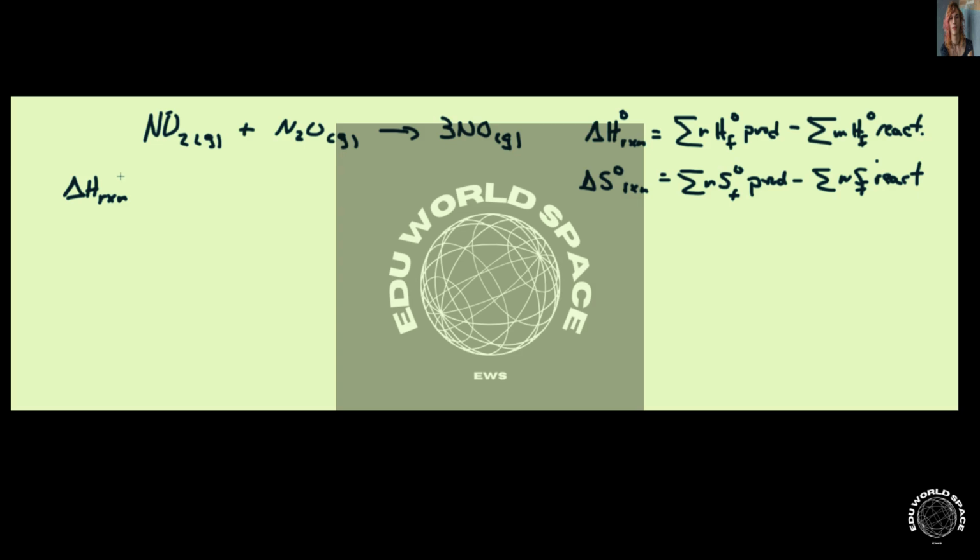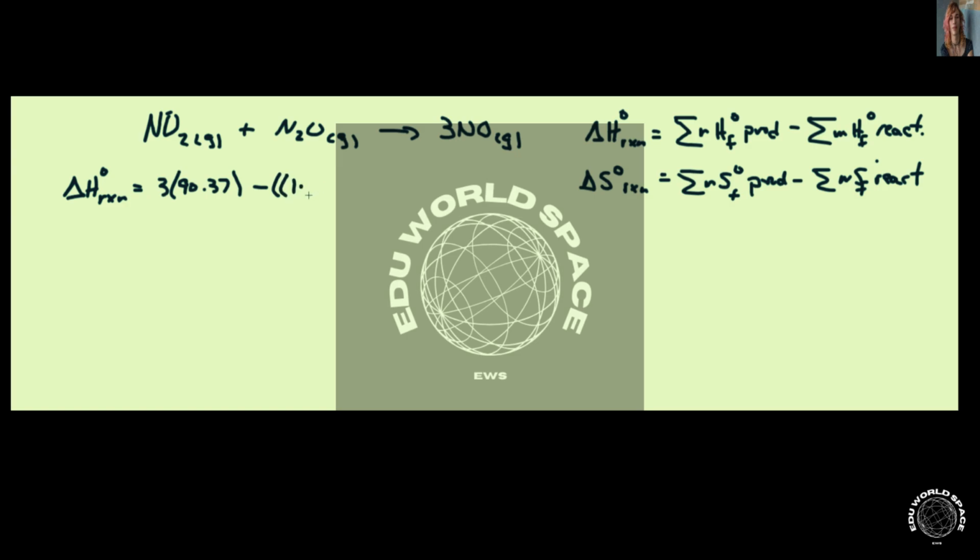So when we do that for the enthalpy of reaction first, under standard conditions, because remember we do products minus reactants, we have 3 moles, and each delta H is 90.37 kilojoules per mole. Then we have 2 reactants.